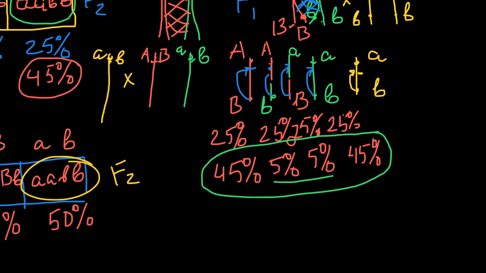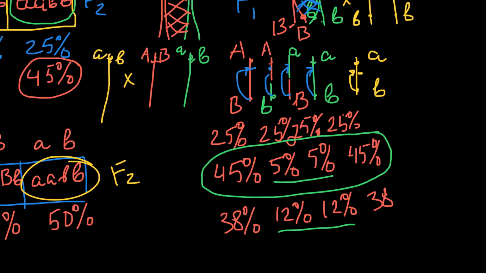So 10 map units means 10% recombinants, and 24 means that we are going to get 24% recombinants, 12% of each type of the recombinants. So together they make 24%. So 100 minus 24% gives us 76%, divided by 2. That gives us 38% of this type and this type, which are not recombinant.